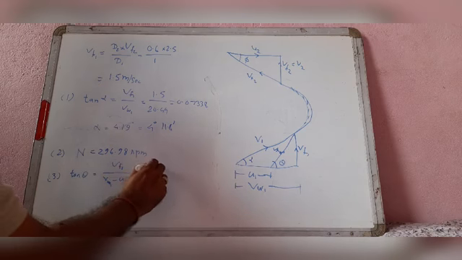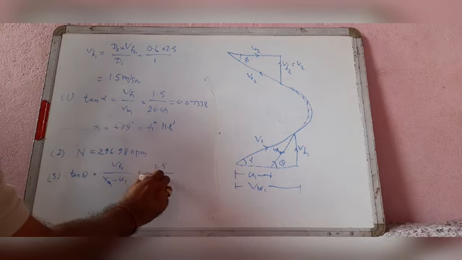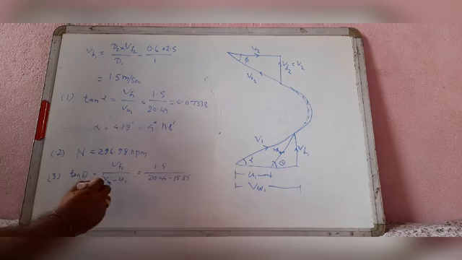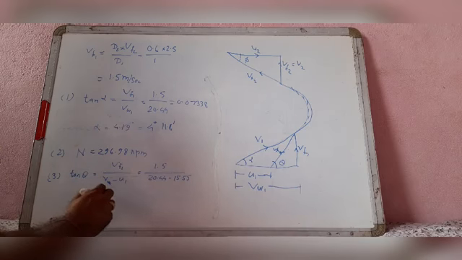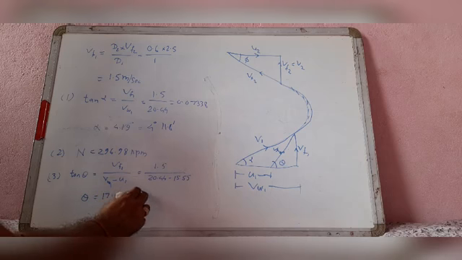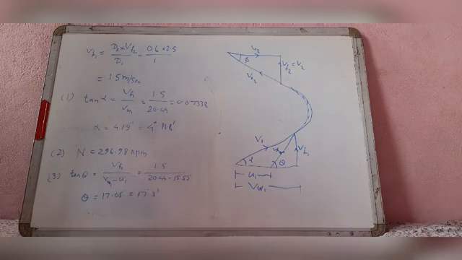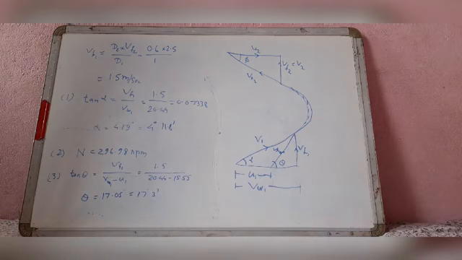Putting the values here, 1.5 by 20.44 minus 15.55, the value of theta comes to 17.05 degree or 17 degree 3 minutes.